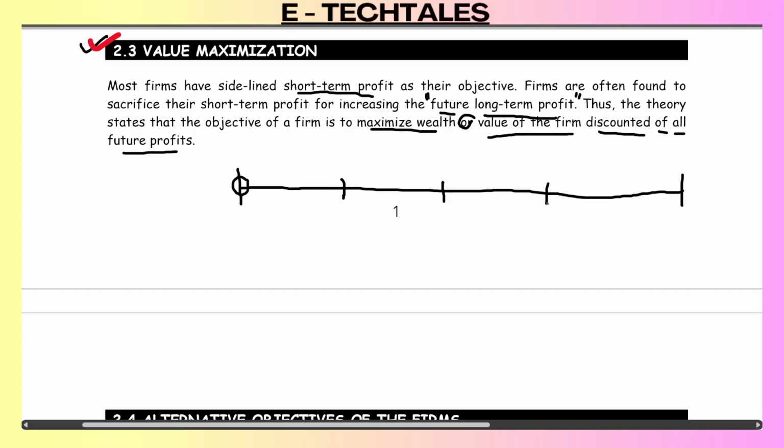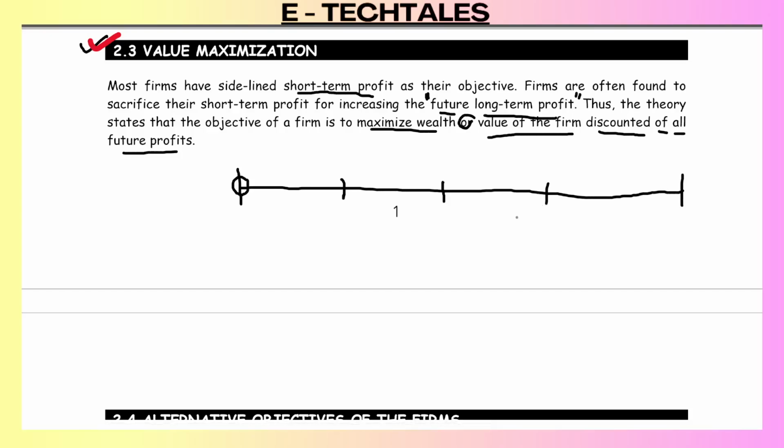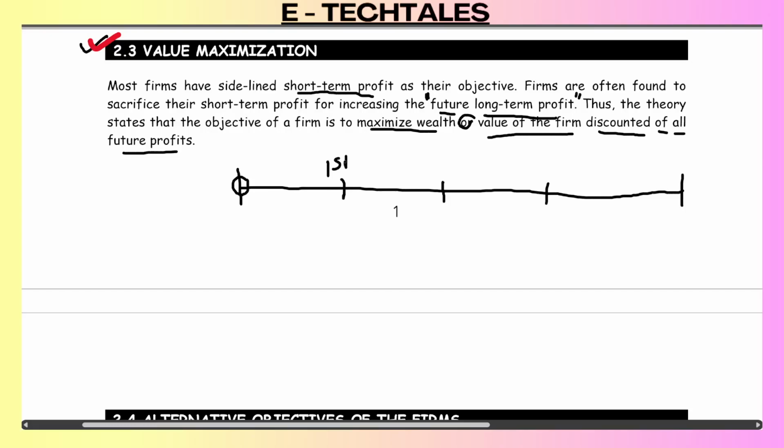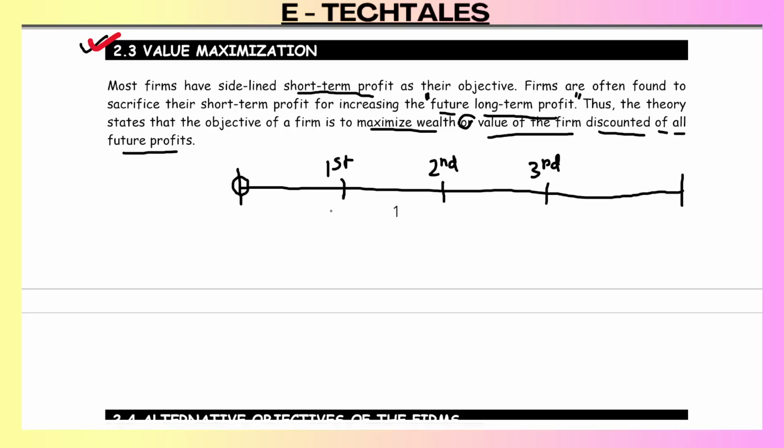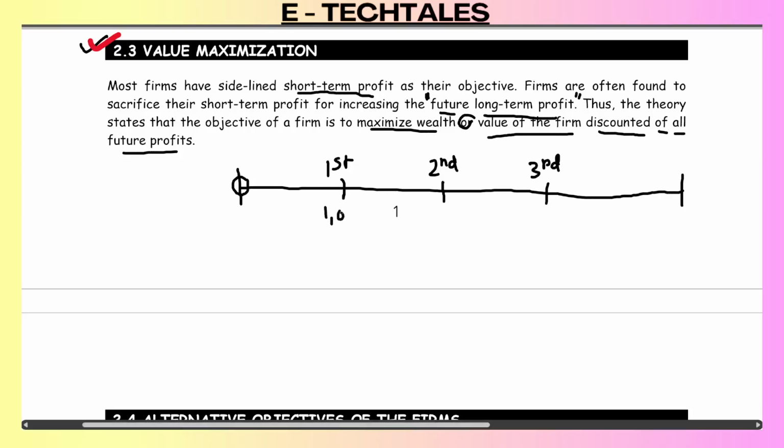I am assuming that this is the first year, this is the second year, this is the third year. In the first year the company has a profit of 1000 rupees.